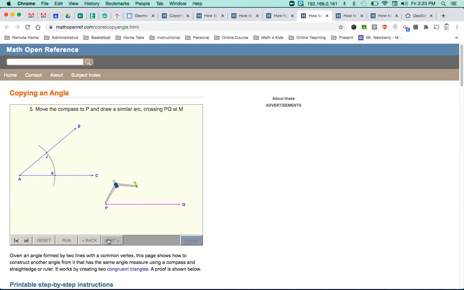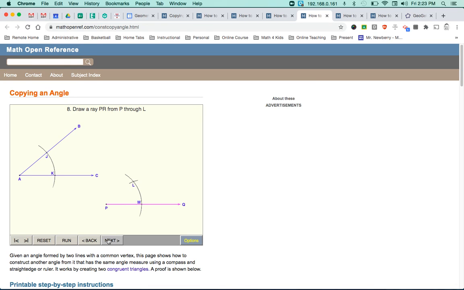The next thing we're going to do is draw that same arc over here on our new line, all right? After doing that, we go back. You are now going to measure from those two intersection points, and you're going to draw an arc up. So we've basically got an intersection.